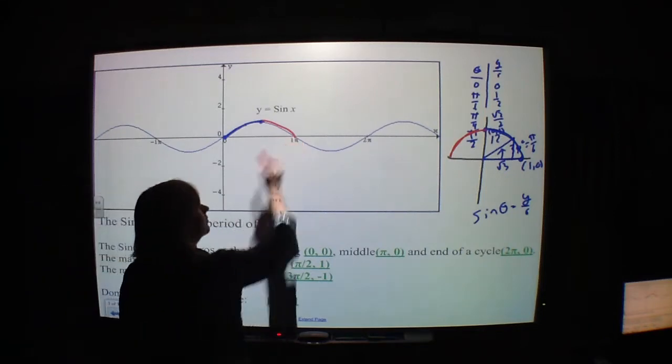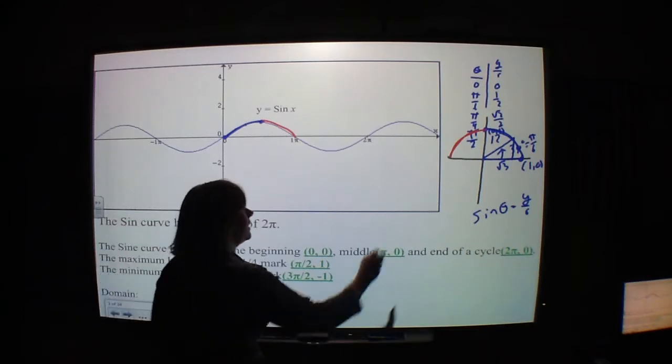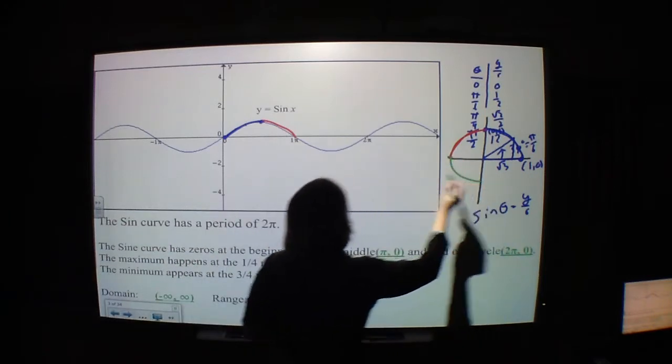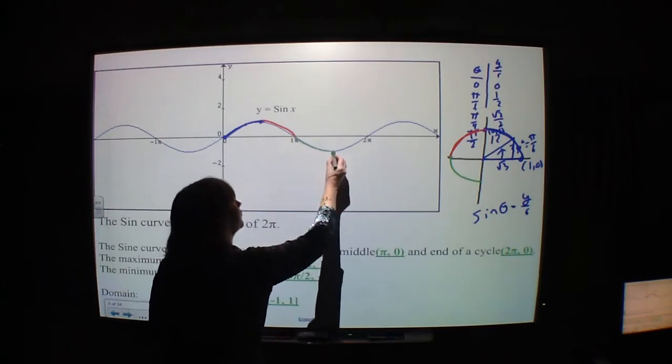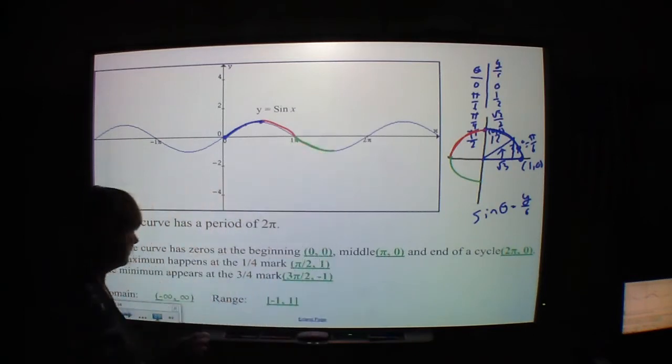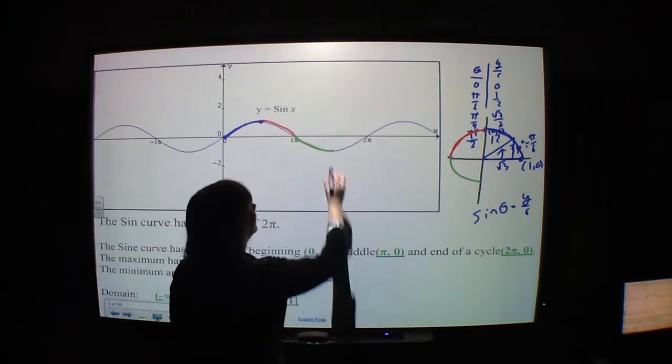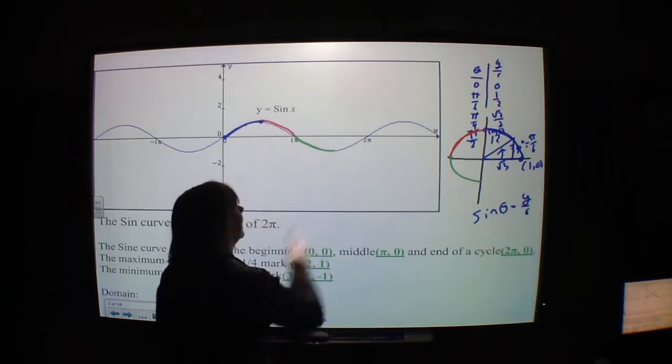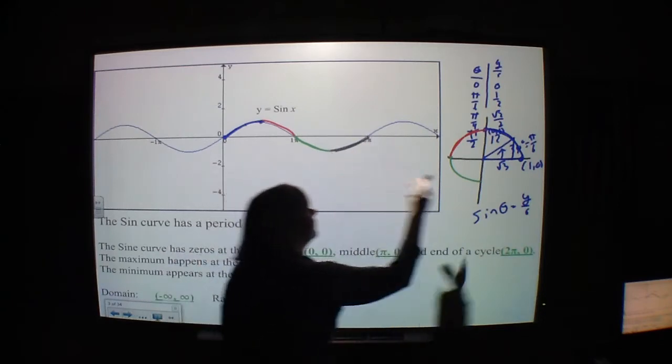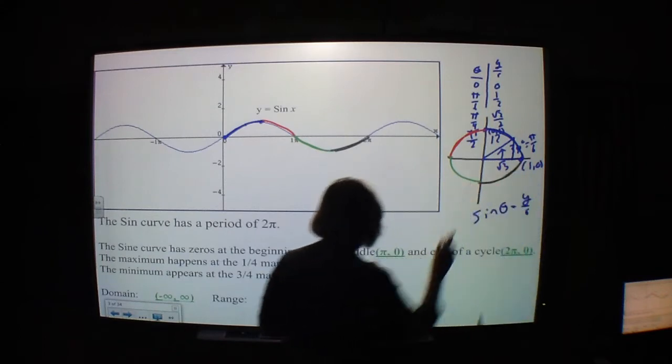At pi, I'm at 0 now. And then continue around the circle in the third quadrant. This is stuff from the unit circle, third quadrant. This is from the fourth quadrant of the unit circle.